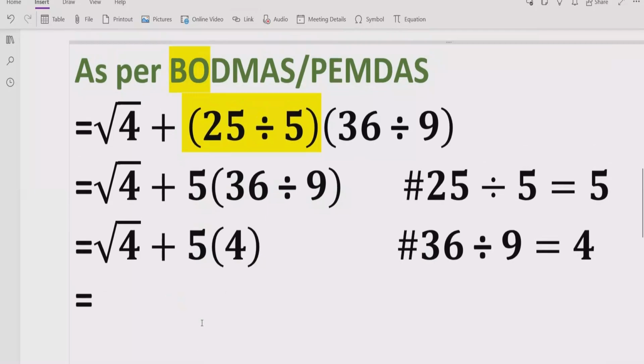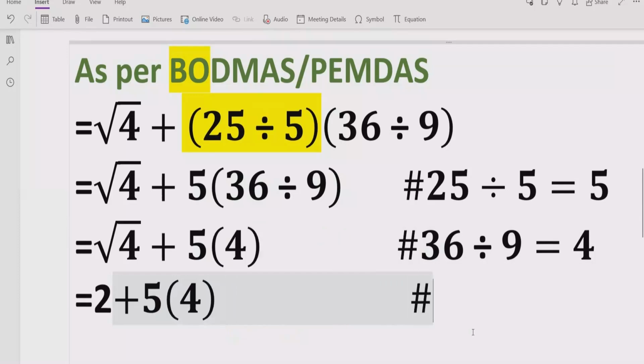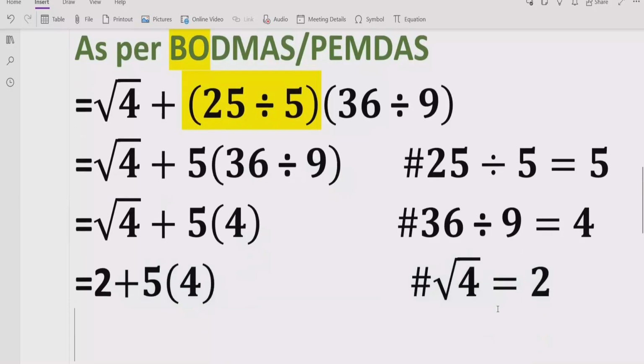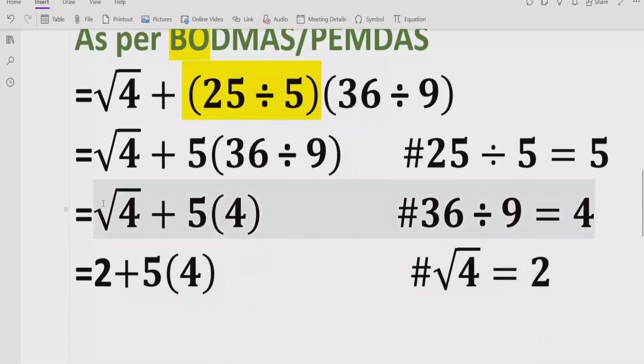So we will solve this first number which has the power 1 upon 2, or you can say the square root. So the square root of 4 equals 2. And this part we will write as it is, and here we will give the reference: square root of 4 equals 2. Now we have solved the exponent part as well.